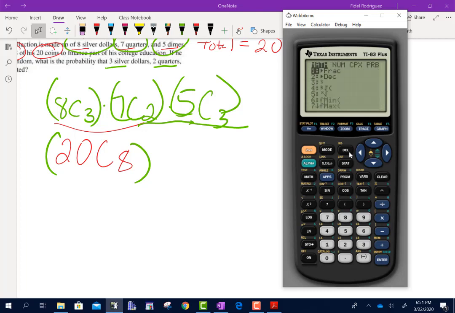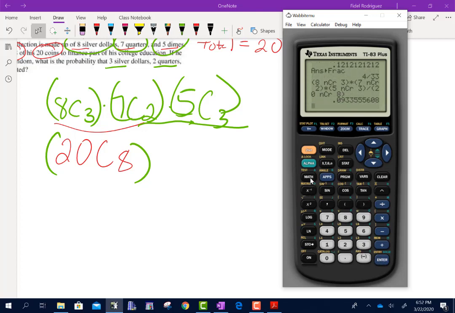So let's do it. 8, math, probability, choose 3, close it off, times 7, math, probability, choose 2, times 5, math, probability, choose 3, divided by a total of 20 coins, math, choose 8.